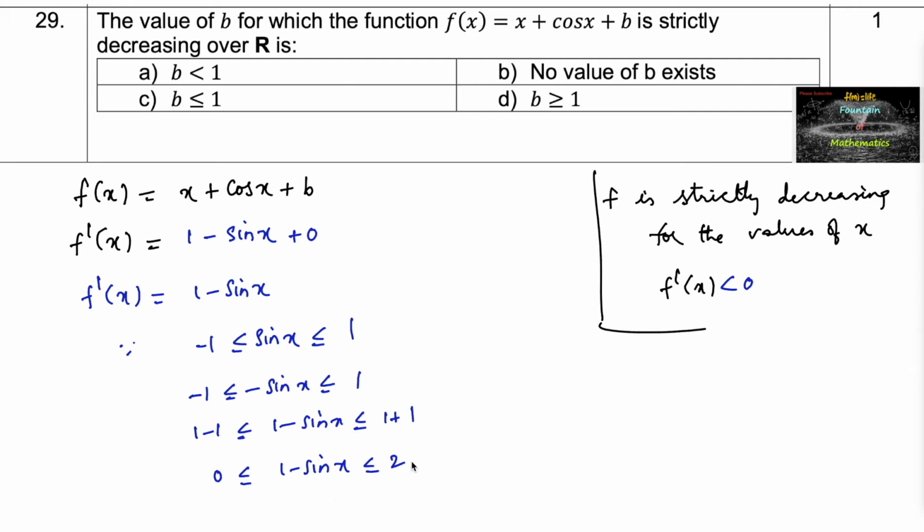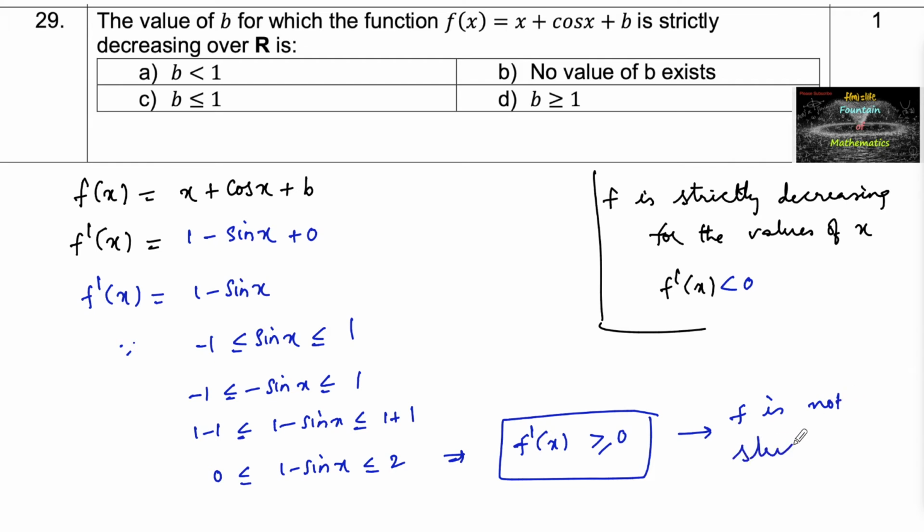So this indicates that f dash of x is greater than or equal to 0. Since f dash of x is greater than or equal to 0, we can say f is not strictly decreasing. Hence we can conclude that there is no value of b that exists. So option B is the answer.